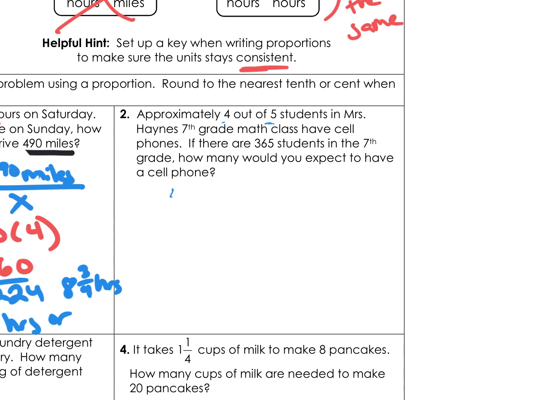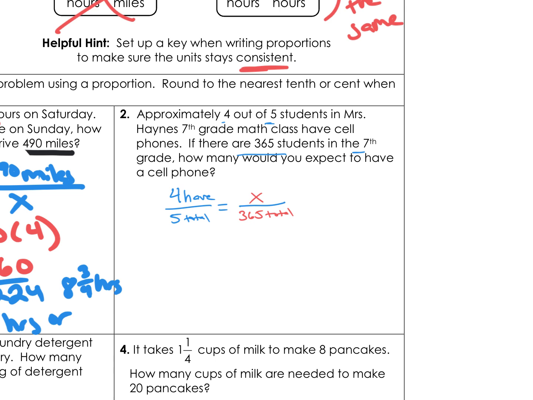So we're going to set that up as have over 5 is the total students. And we want to know, if there are 365 students in the 7th grade class, how many have a cell phone. So we don't know how many have a cell phone, but we know there are 365 total students.